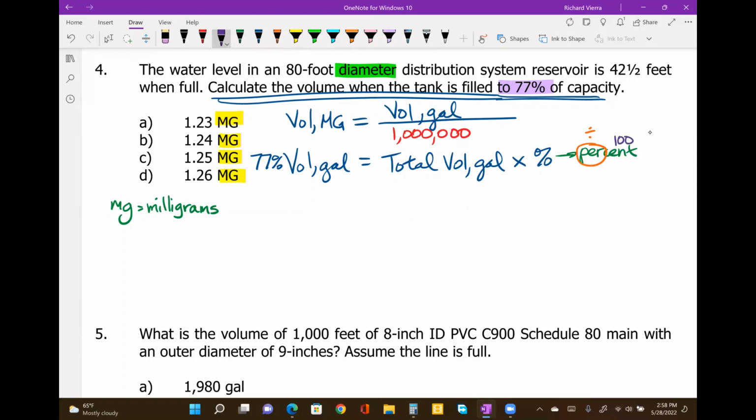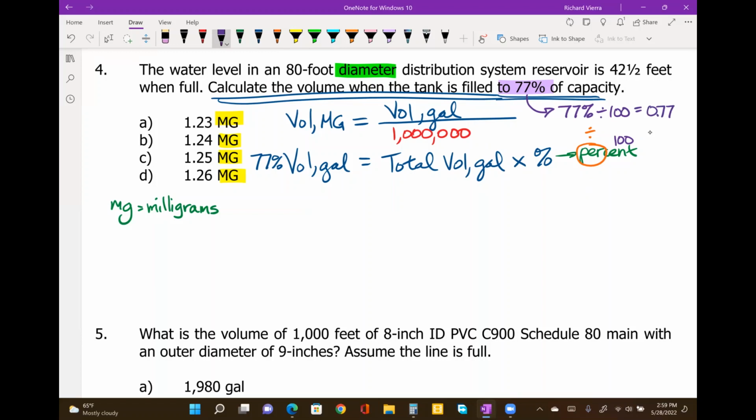So we're going to turn 77% into a decimal by multiplying it by 100, or excuse me, dividing it by 100. And so when we divide 77% by 100, we end up with 0.77.